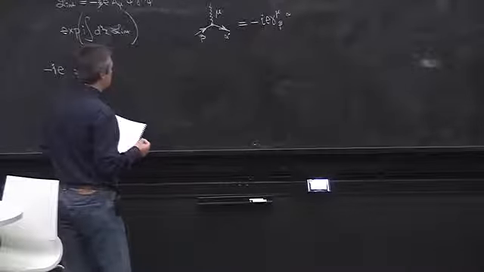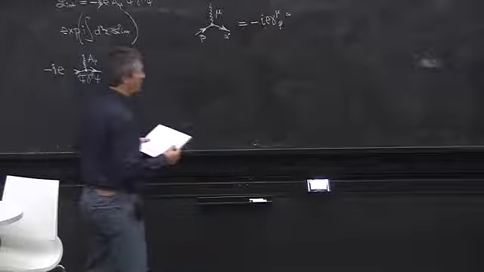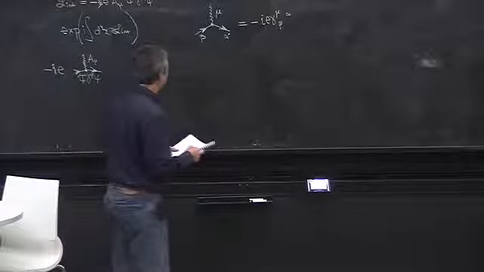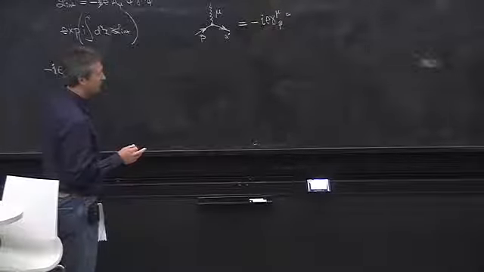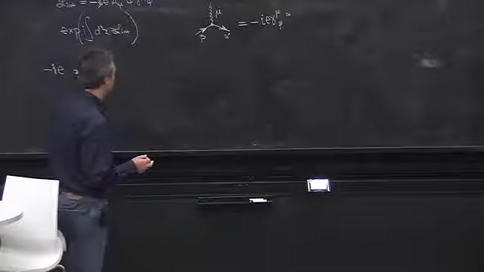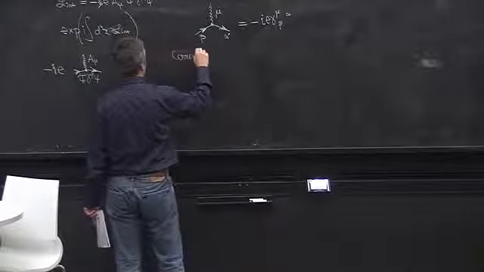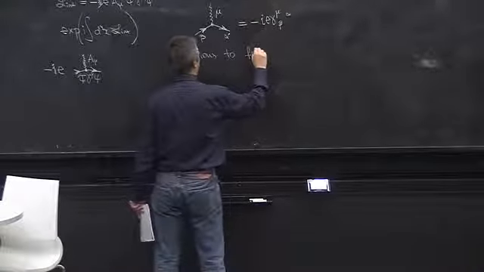So, for instance, let's compute the correction to the propagator, and we'll only contract the Dirac fields and not worry much about the electromagnetic field. So let's compute corrections to the fermion propagator.